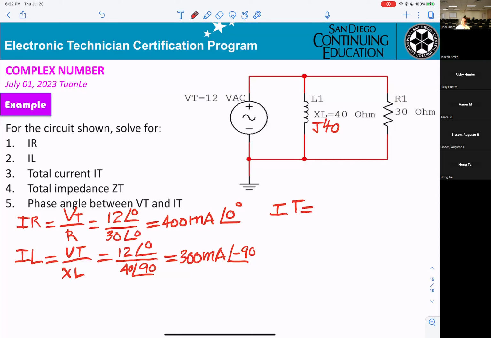Okay, hold on. You know, I total is IR plus IL.